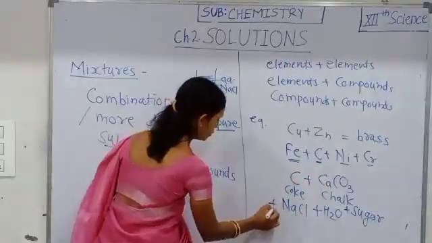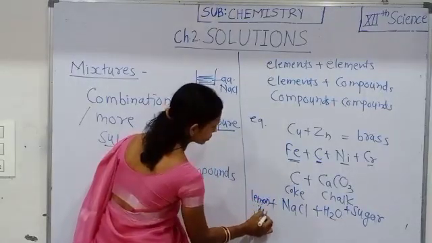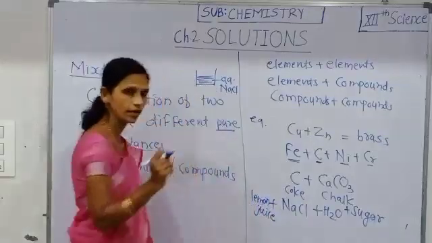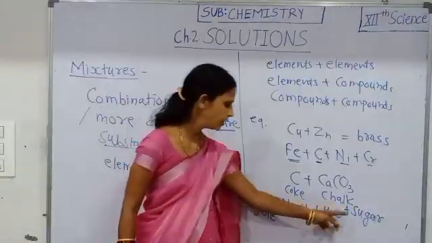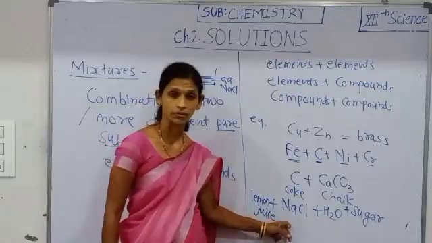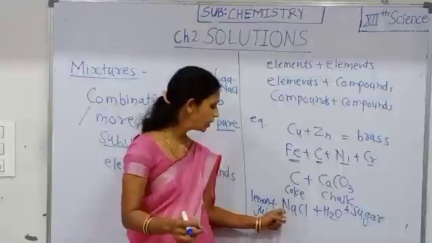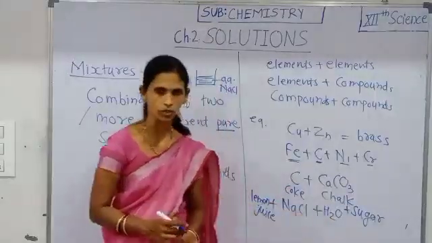And if we add lemon juice, which has citric acid, it is also a mixture, and it is sharbat. Sharbat is a mixture of different compounds.